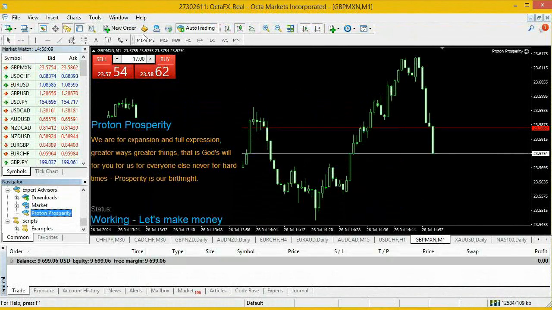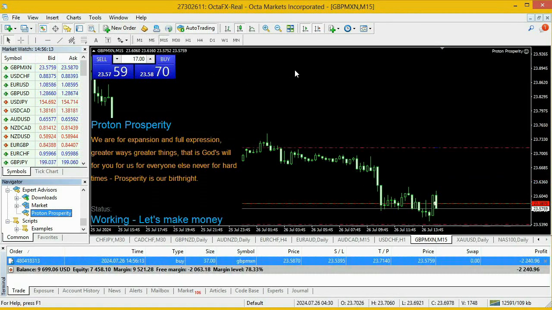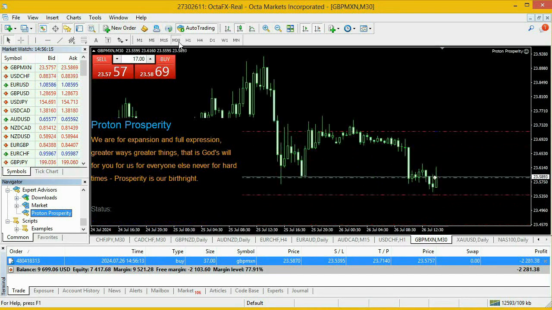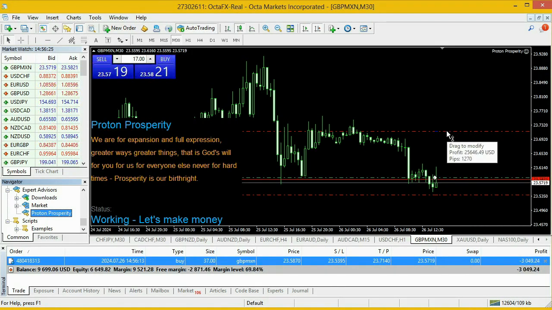This is the British pound and Mexican peso. Buy position executed. Our stop loss. And take profit.